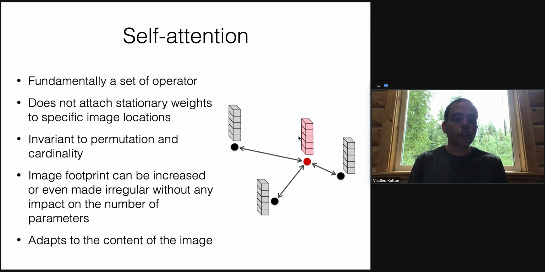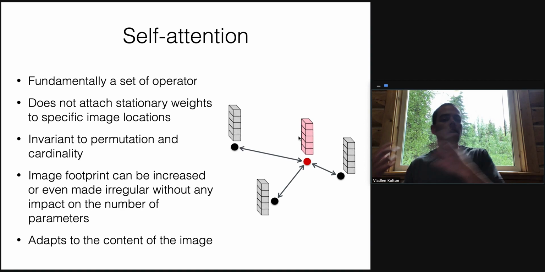Well, the self-attention operator does not do that. It does not index data points by image location. It also doesn't attach specific weights. The weights are determined at test time depending on the content of each data point, depending on where it ends up being placed in feature space by preceding layers.